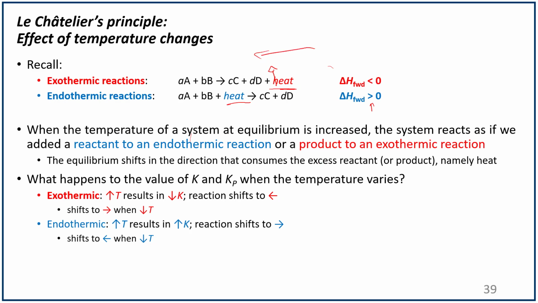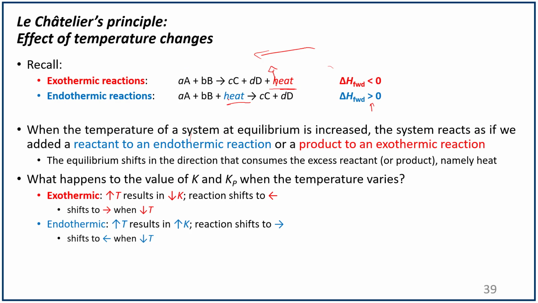Which means that for an exothermic case, if you increase the temperature, then the value of K should drop. Now, when you decrease the temperature for an exothermic reaction, the reaction should shift to the right, basically to replace that heat.